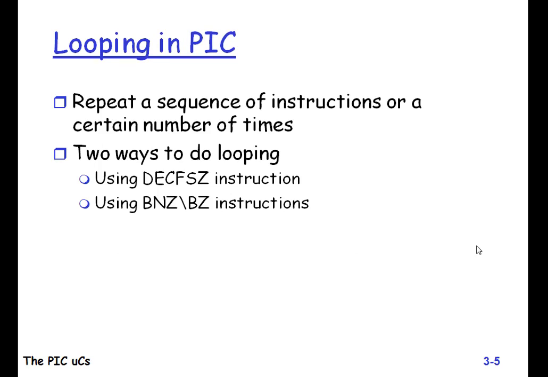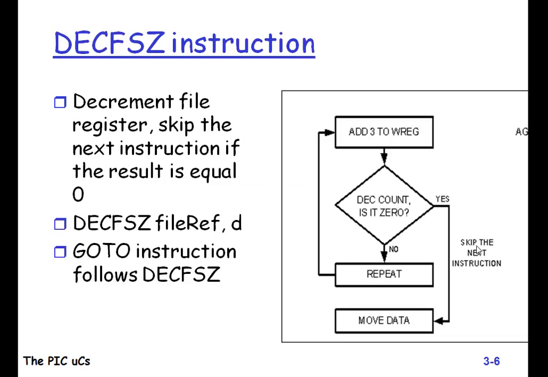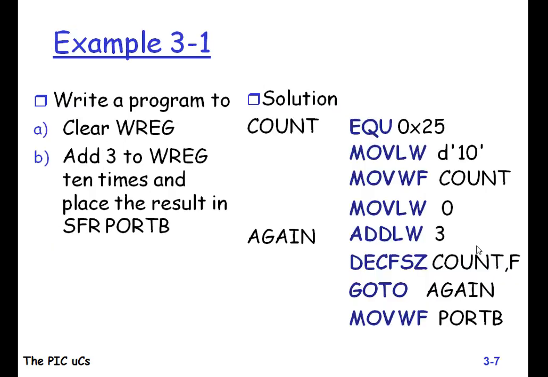There are two ways of looping: by using the DECFSZ instruction, and by using the BNZ/BZ instruction. DECFSZ decrements the file register and skips the next instruction if the result is equal to 0. The second one is DECFSZ file, then GOTO instructions, and on the right side there is a flow chart showing how this instruction will work.